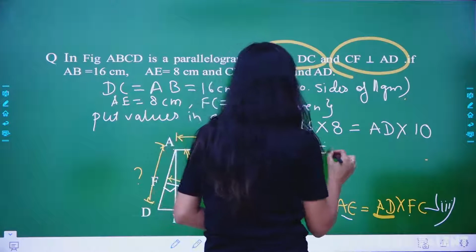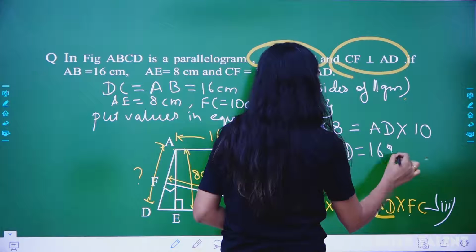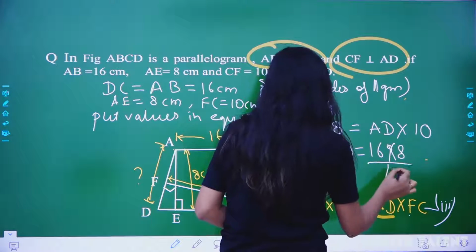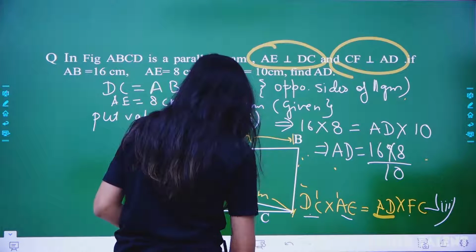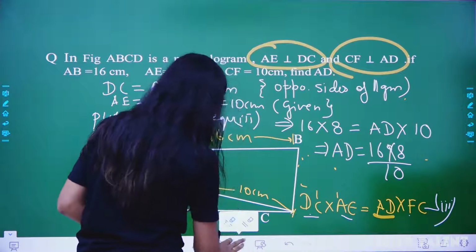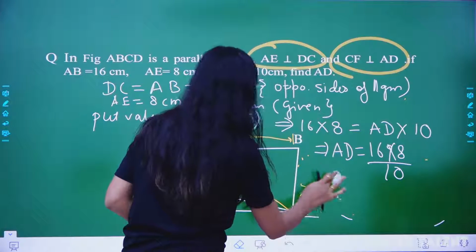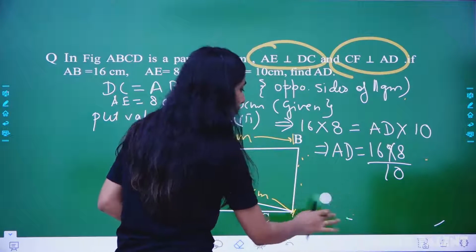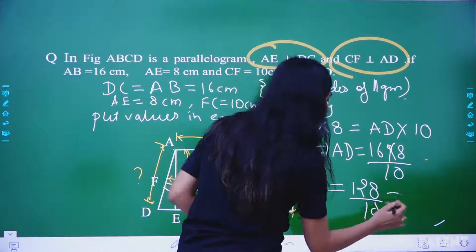Now, this will imply that AD will be equal to 16 multiplied by 8 divided by 10. From here, you'll have 128 by 10.